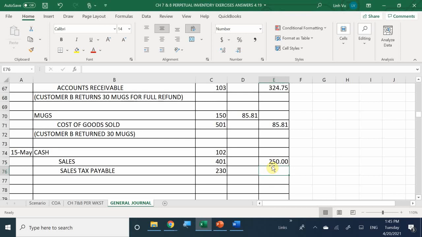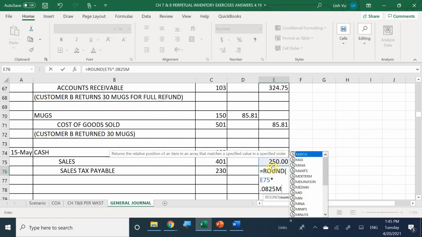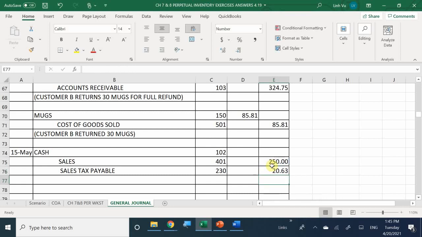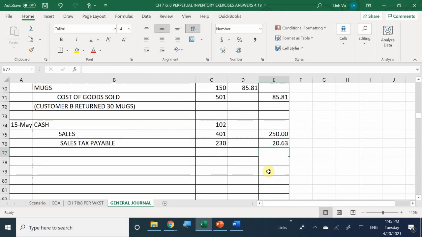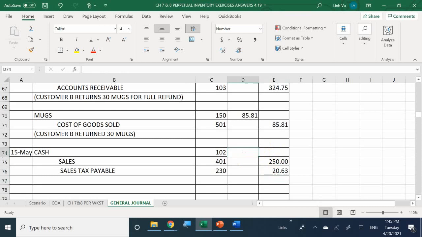How much tax are we going to be collecting from our customer? $20.63. Perfect. And lastly, in grand total, how much cash should we be having? 270.63.